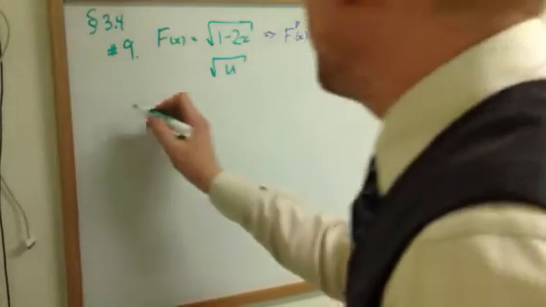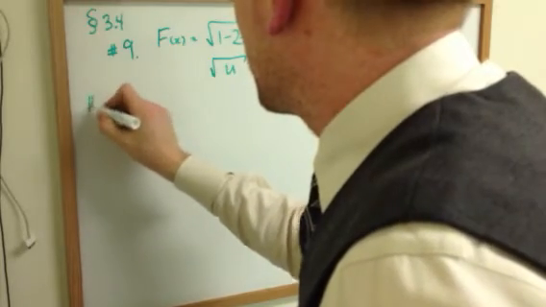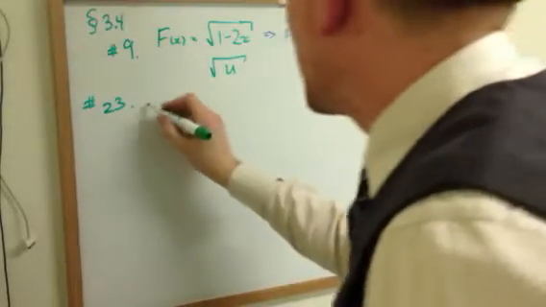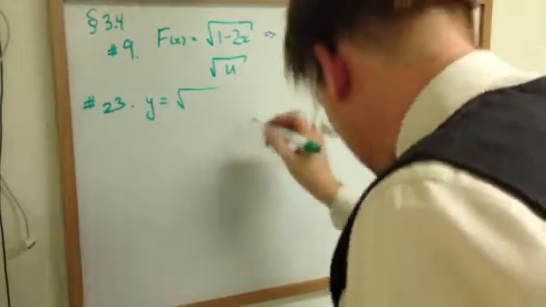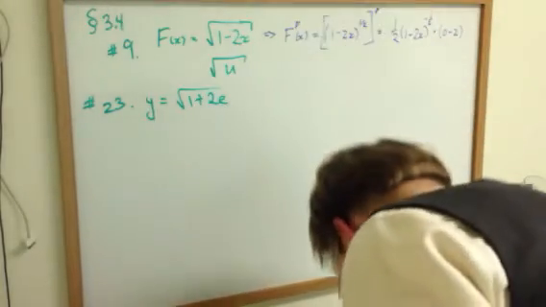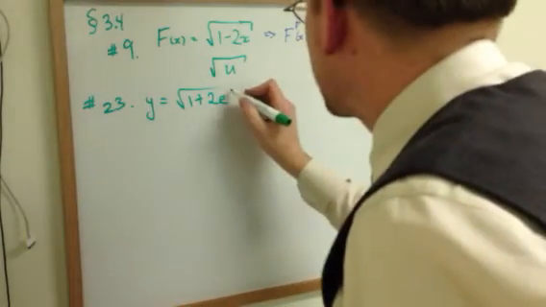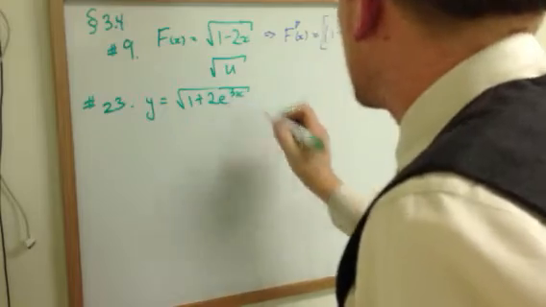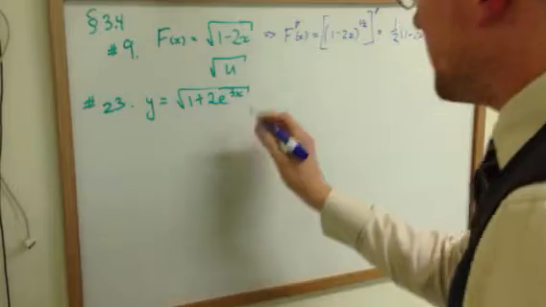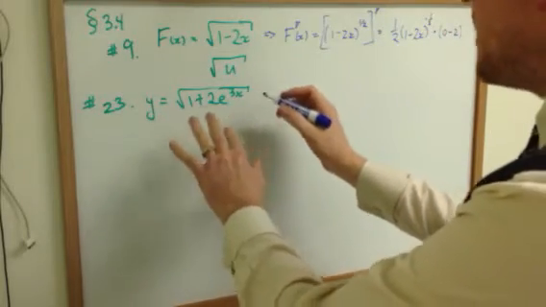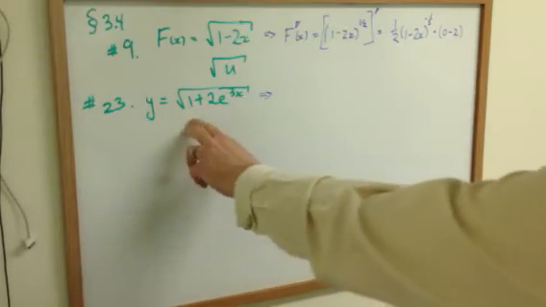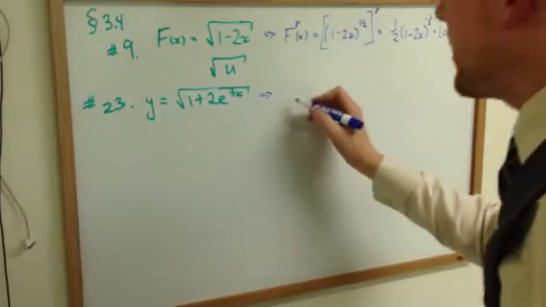Okay, 23. y equals square root 1 plus 2e to the 3x. I see as the outermost function being the square root, and the internal functions being 1 plus 2e to the 3x.